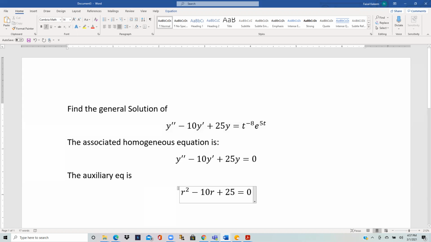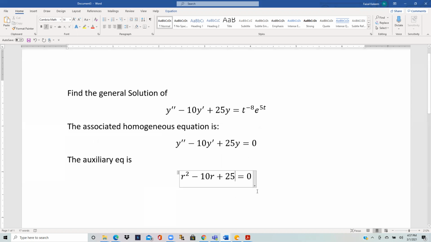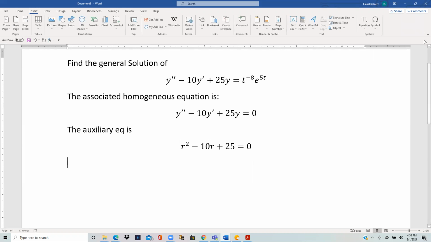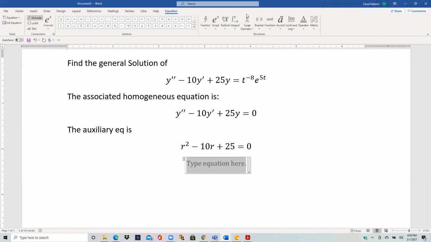So we start by solving the homogeneous equation, which is y double prime minus 10y prime plus 25y is equal to 0. Auxiliary equation is r squared minus 10r plus 25 is equal to 0. Now this one factors, this is a complete square, r minus 5 whole squared.